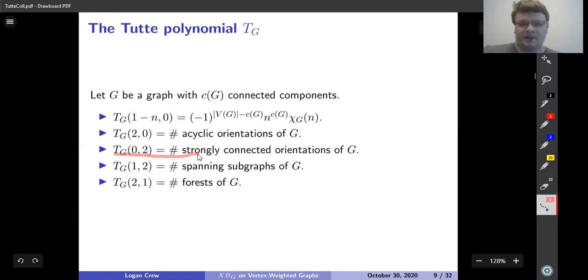On the other hand, a different one, in fact the mirror evaluation, tells you the number of strongly connected orientations, one in which you can get from, I believe, any vertex to any other. And the number of spanning subgraphs, which is the number of ways you can take a subset of the edges that is adjacent to all vertices.